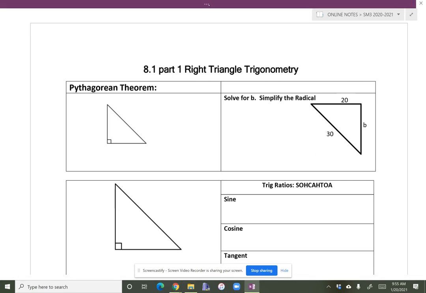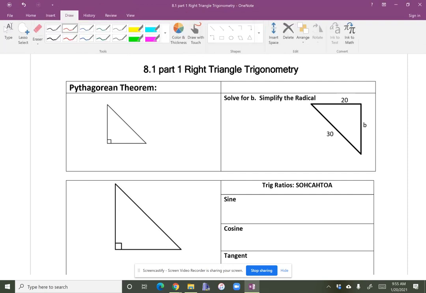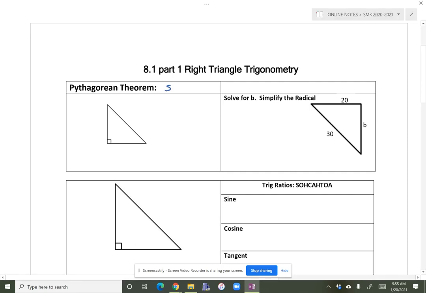When solving for a side, to use the Pythagorean theorem, we need to have two of the sides. That's a big thing to remember. And remember too that our angles are capital letters and our sides are the lowercase letters across from them.